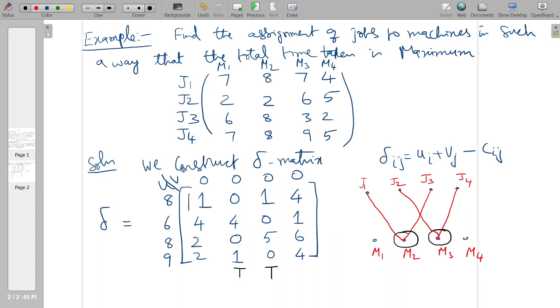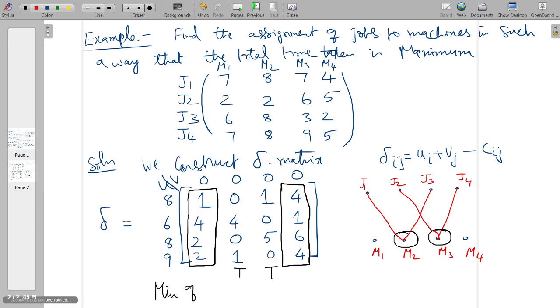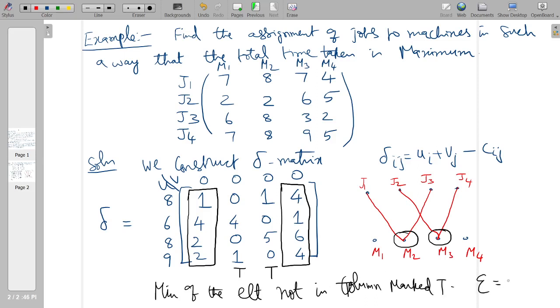Now what I do is I take the elements which are not in T, which are not in T. Now I find the minimum of the elements not in the column marked T. Okay, so in this case epsilon would be 1.